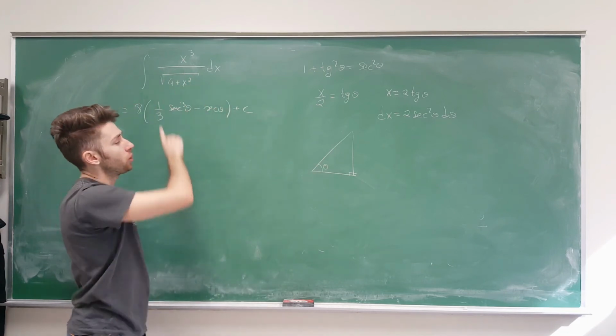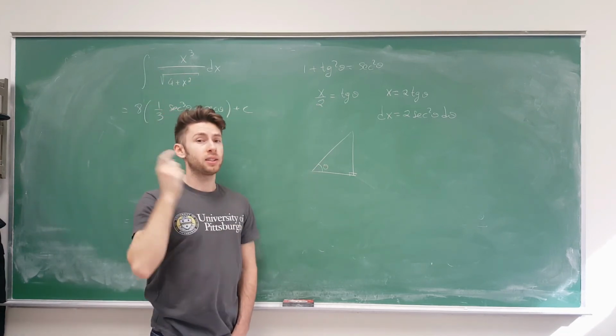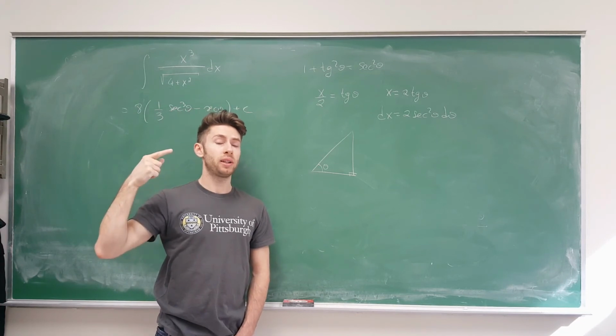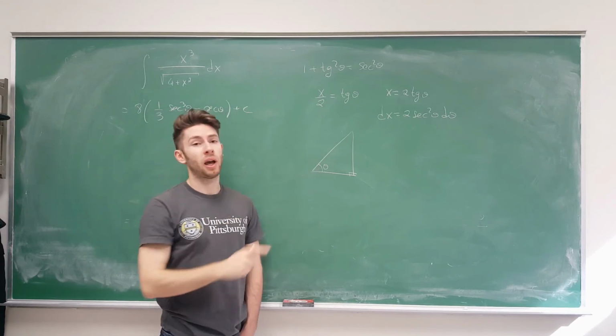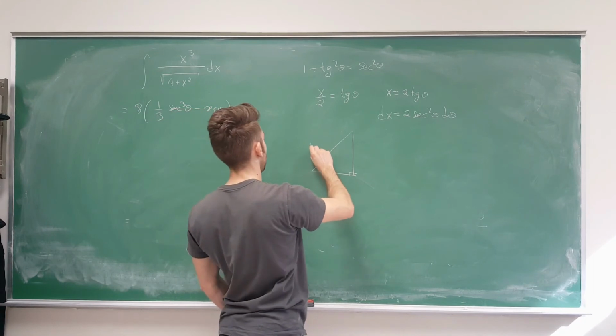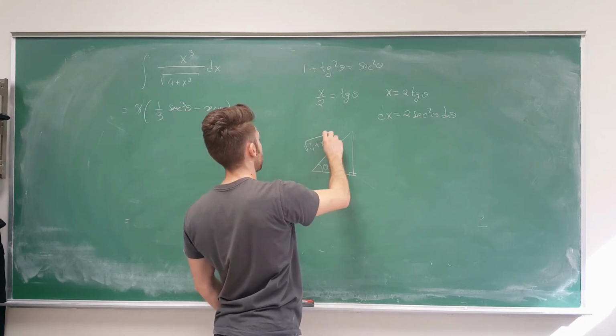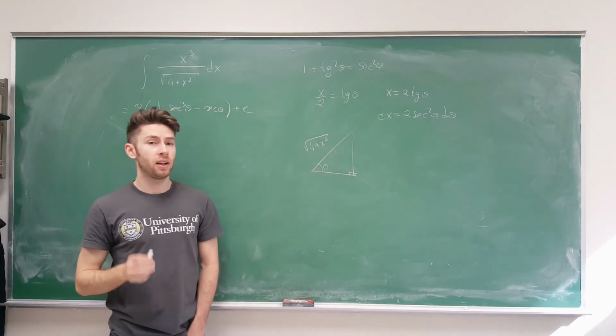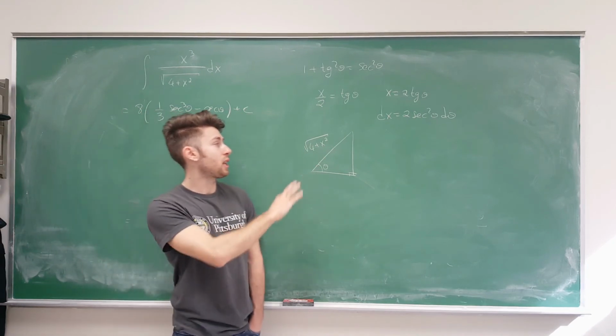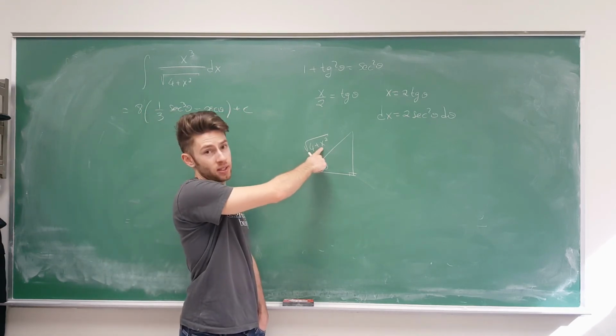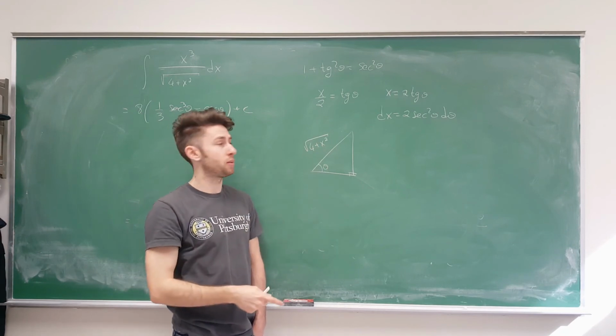So this square root will be one of the sides, and since in this case we have the sum of the squares, then it's going to be the hypotenuse. So I already know that, and that also tells me that the other two sides are going to be 2 and x, because here you see the square of those.